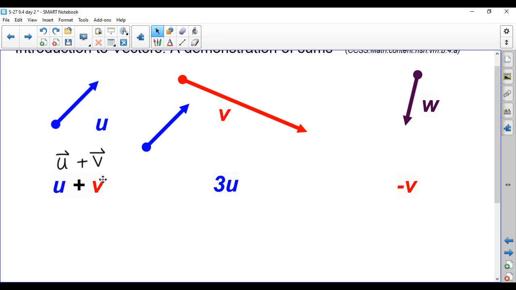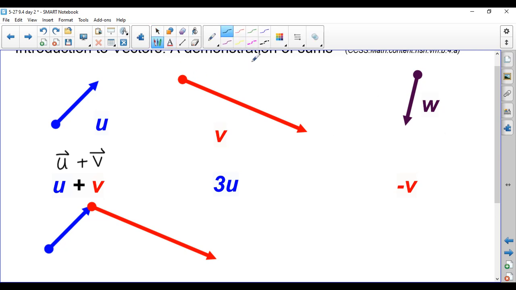So if I want to add u plus v, and I'm going to do it in the head to tail method, I draw u, and then I draw vector v, grab this, and I put the head of vector v at the tail of vector u. This is u, this is v. Now, I'm not done until I have my resultant drawn.